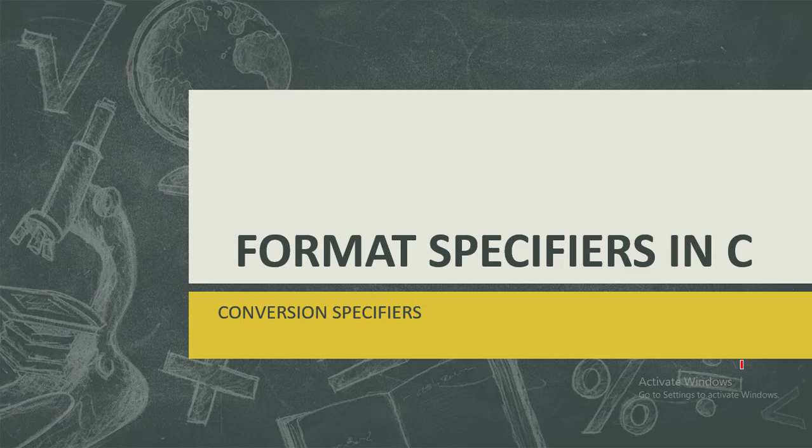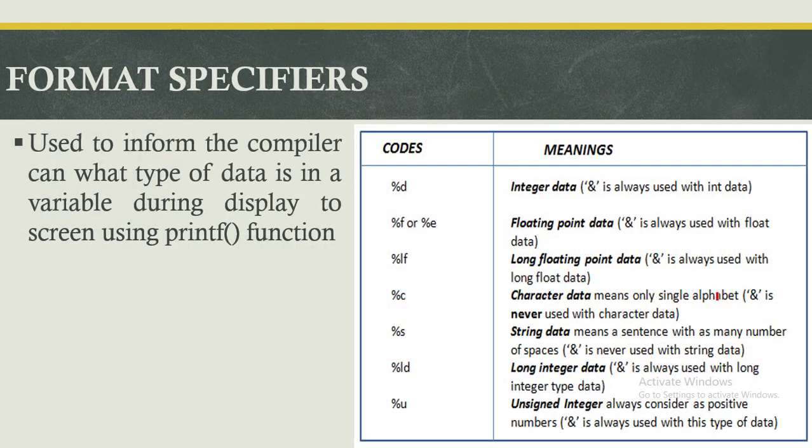We are going to look at what we refer to as format specifiers in C programming. Whenever you have values existing in your variables and you need to display those values to the screen, you have to provide what we refer to as a format specifier.